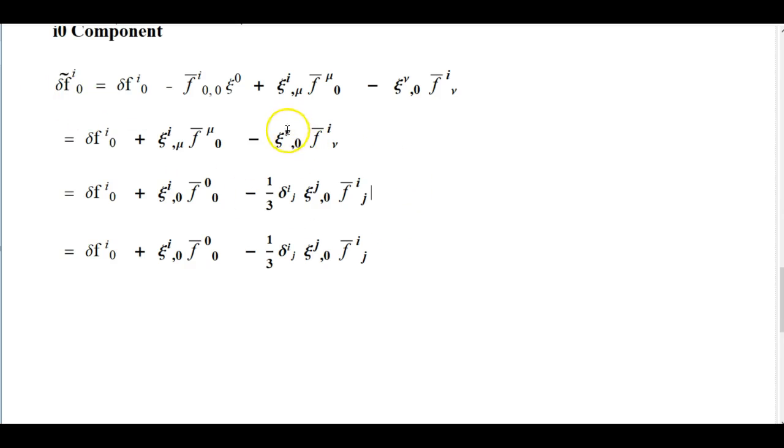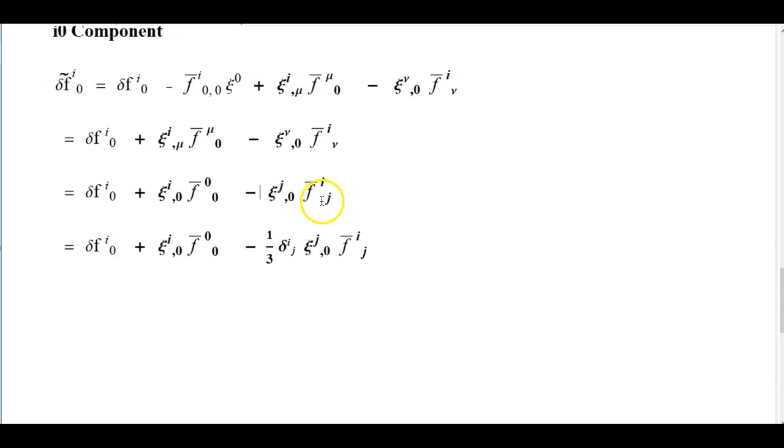This I replaced contracted on nu, the 0 0 component vanishes and then only the j component was left here. Now f bar ij I'm going to write as 1 by 3 delta ij f bar kk. And again, if there is any confusion, please refer to one of my last videos where I have explained this.